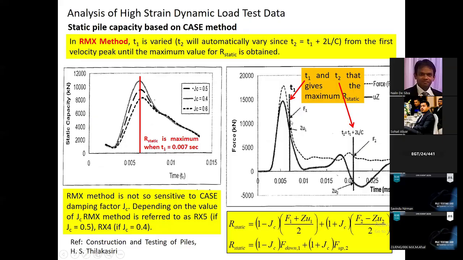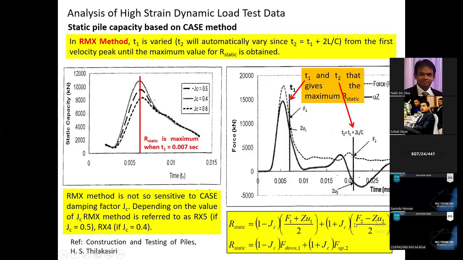If I explain this RMX method, it is like this. Same wave record. You vary the time T1. As a result, time T2 will also vary because T2 is equal to T1 plus 2L over C. So T1, T2 will vary, and this is F1, ZU1, F2, ZU2.